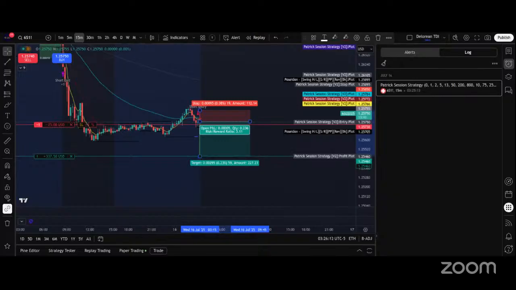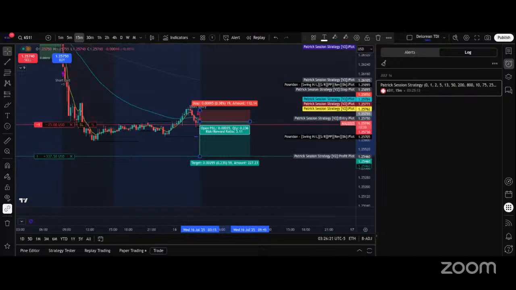All right, so this is a futures trade. This is 6S1. And this is a 15-minute confirmation. Market execution sell with a risk to reward ratio of 3.11.